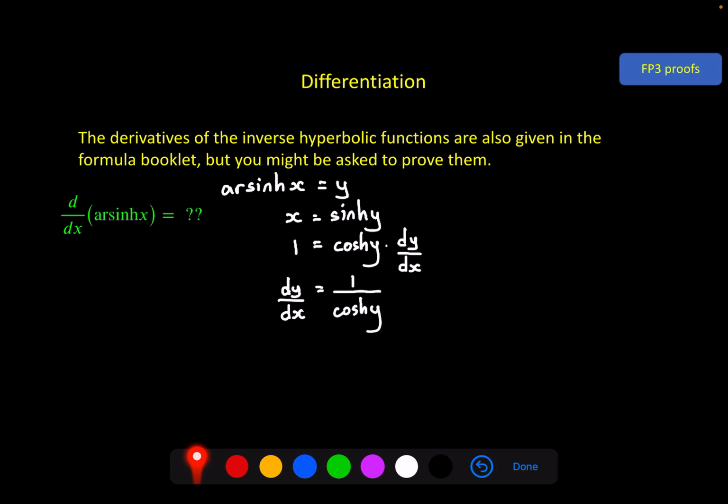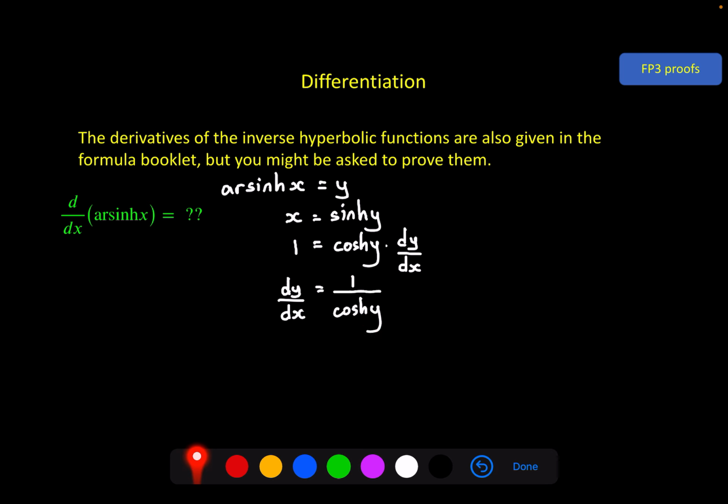And this is the same starting point for all 3. Take the thing you're trying to differentiate and bring it onto the other side with a y so that it's back to sinh, cosh or tanh. Then apply differentiation either implicitly or with respect to y, and get the result that you get.